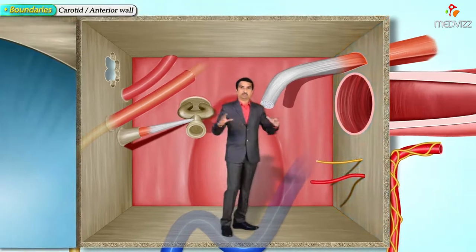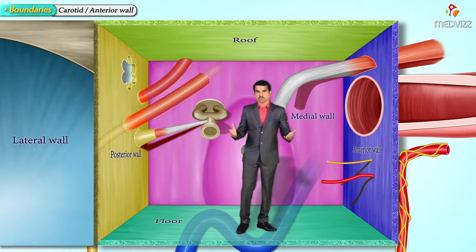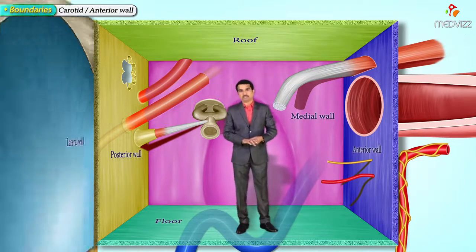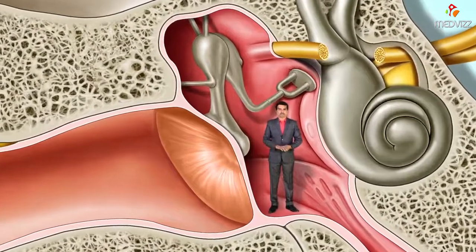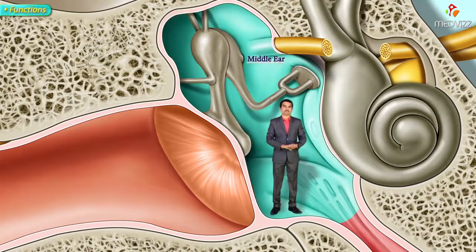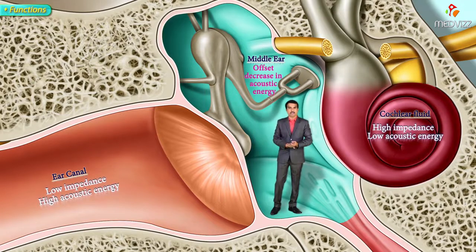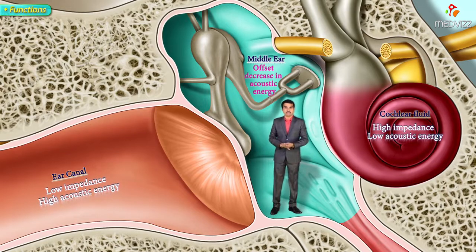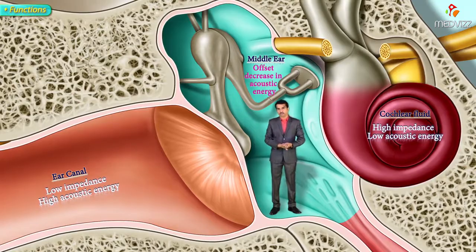By this we have completed all six boundaries of the middle ear cavity, which is also known as the tympanic cavity. After discussing all the boundaries, let's enumerate the functions of the middle ear cavity. The primary function of the middle ear is to offset the decrease in acoustic energy that would occur if the low impedance ear canal air directly contacted the high impedance cochlear fluid.